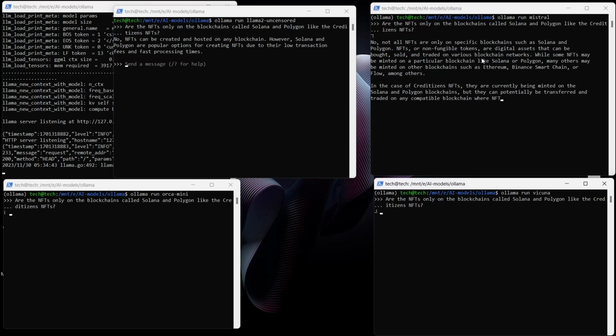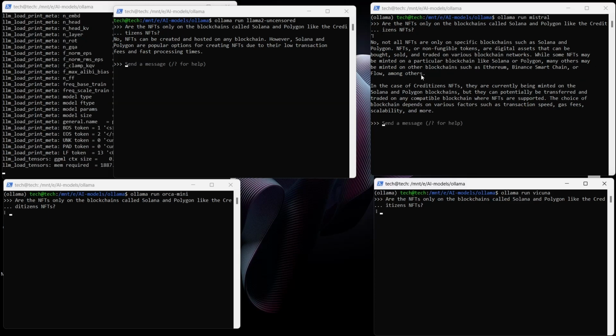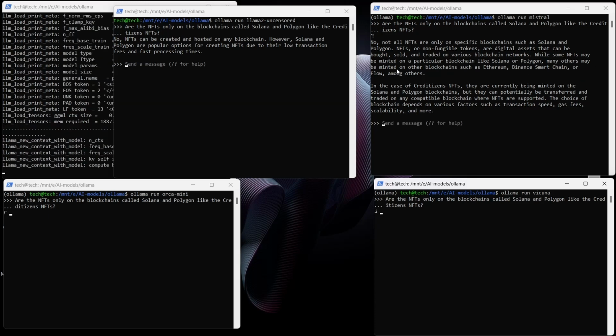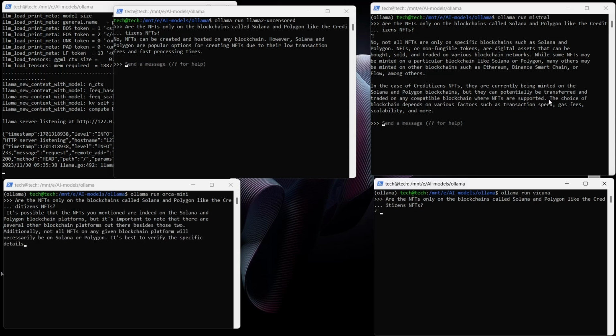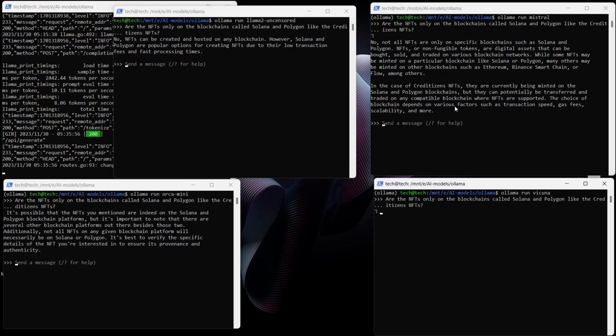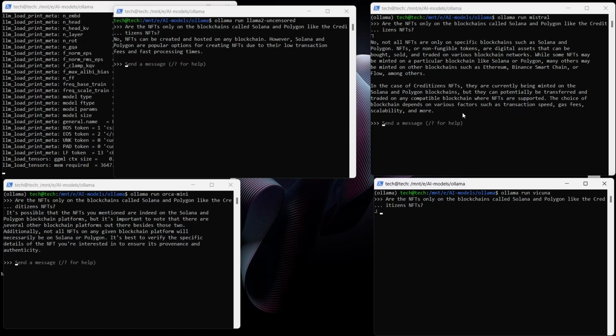So it's explaining more, while some NFTs may be minted on a particular blockchain like Solana or Polygon, many others can be minted on other blockchains such as Ethereum, Binance Smart Chain, or Flow, among others. And in the case of Creditizens, they are currently being minted on the Solana and Polygon blockchains, but they can potentially be transferred to some other ones. Okay, and the choice of blockchain depends.